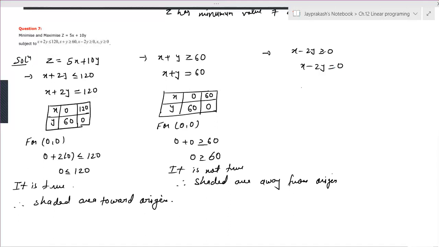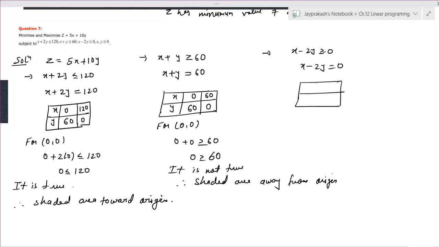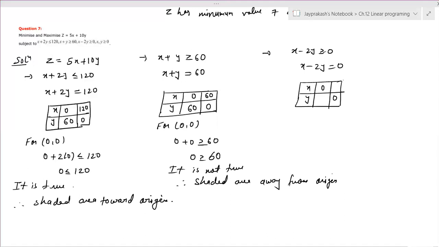Then the third equation, x minus 2y is equals to 0. When x is 0, y is also 0. When y is 0, x is also 0.